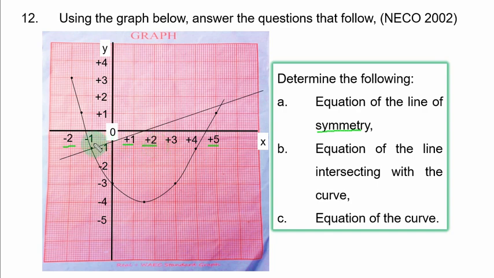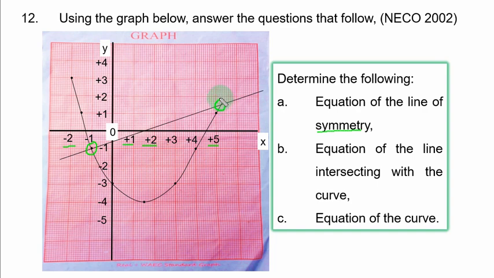So if we take one point of intersection, at this point you have x1 y1, that is -1, -1. Another point is here where you have x2 y2.